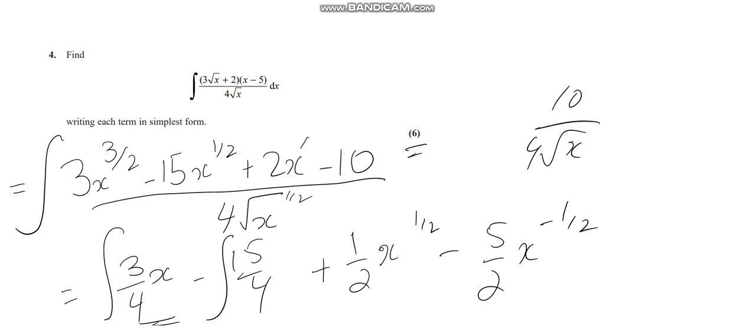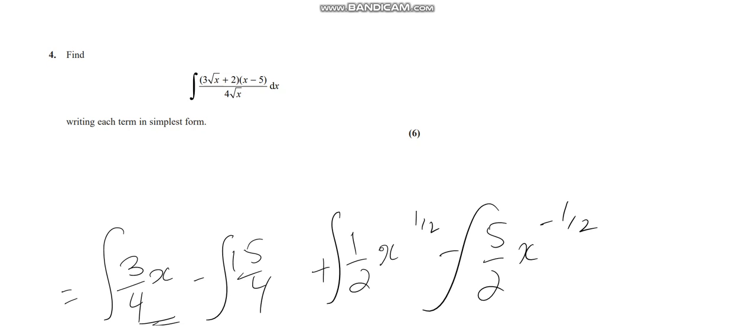And now we will integrate them separately. If you know the basic rule of how to integrate x to the power n, it becomes x to the power n plus 1, divided by n plus 1. If you want to show this formula, I hope the examiner will award you for it, but it isn't needed because they have already given it at the back of the paper.